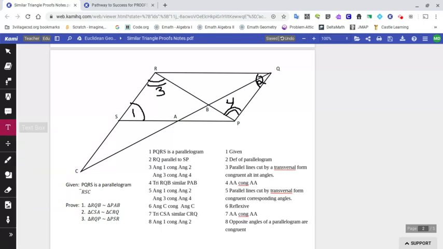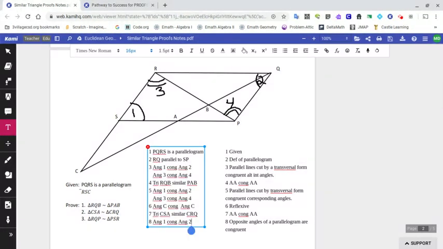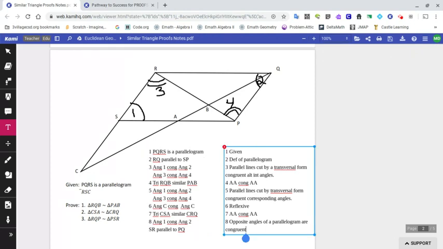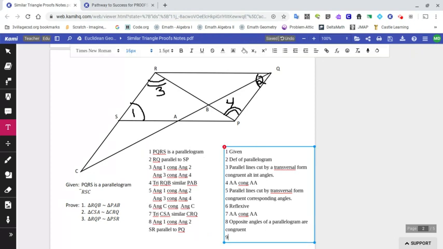I've only stated RQ and SP. So those are not alternate interior with those 2 sides. I have to state that SR is parallel to PQ. SR is parallel to PQ. And that is because, again, that's by definition of parallelogram.